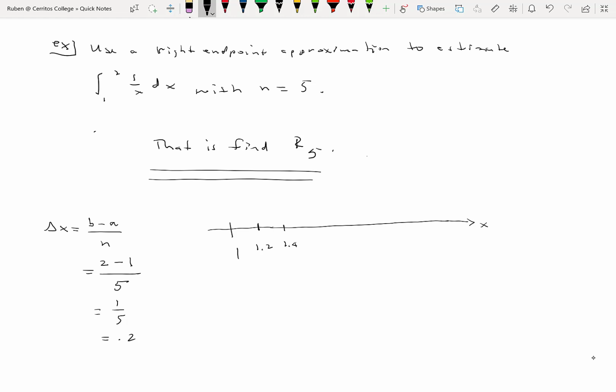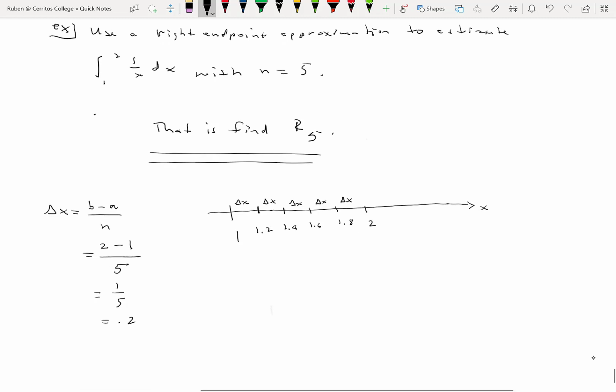So the delta x's are the distances between these points. So between 1 and 1.2 is 0.2. Between 1.2 and 1.4 is 0.2. What's the next one then? It's 1.6. Then 1.8. Then 2. Okay, and each of the subintervals has length delta x. How many subintervals are there? Count them up. There are 5.